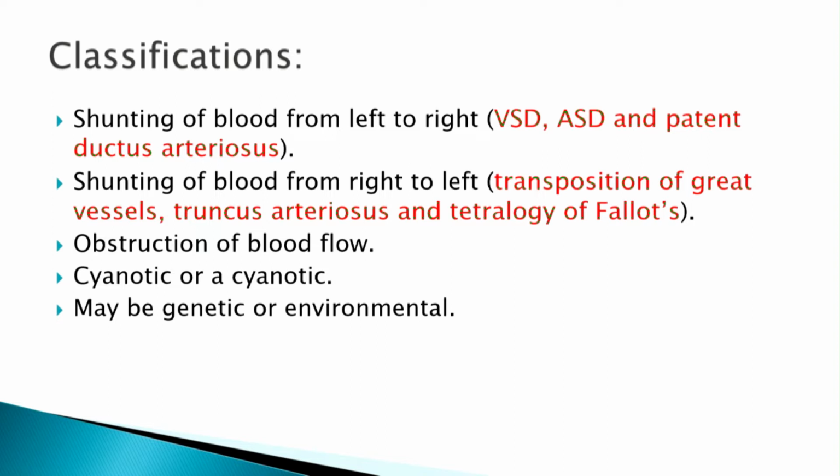In certain situations, the pregnant woman might be subjected to chemicals, radiation, or taking certain drugs, thalidomide or lithium, and this will lead to neonates being born with certain congenital heart disease.